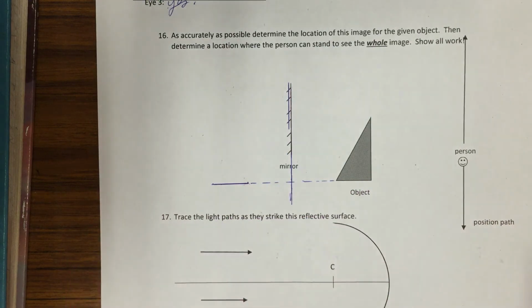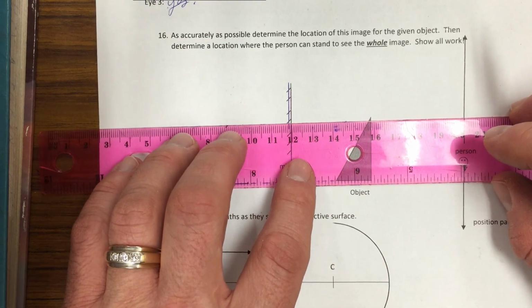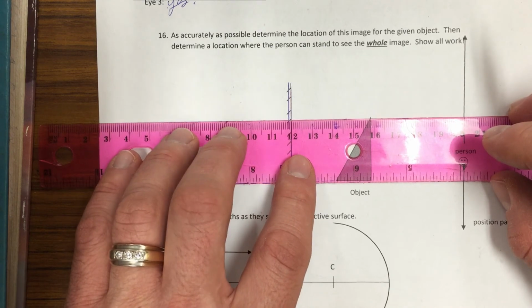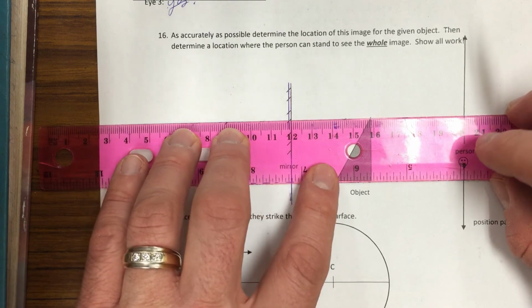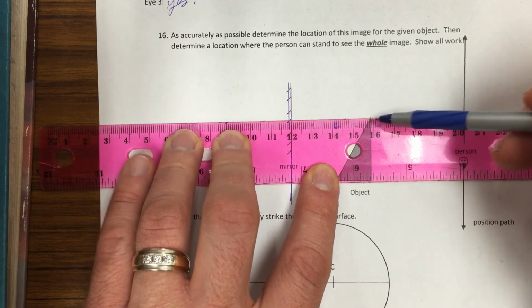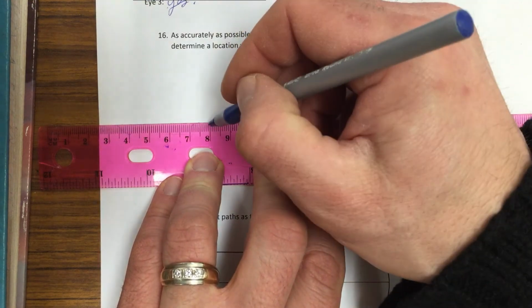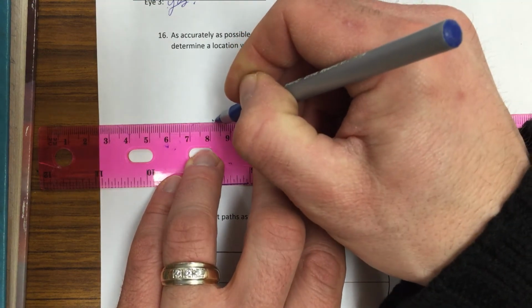Next thing I need to do is go up here to the mirror and find the tip vertex of this triangle. So I'm going to make sure I'm on the mirror, perpendicular, 1, 2, 3.9. Oh, that should be 3.9 because the other one was 3.9. Make a dot, and connect that with a dashed line.